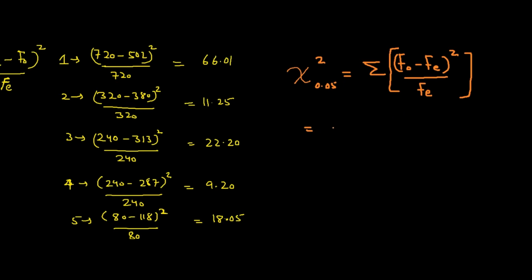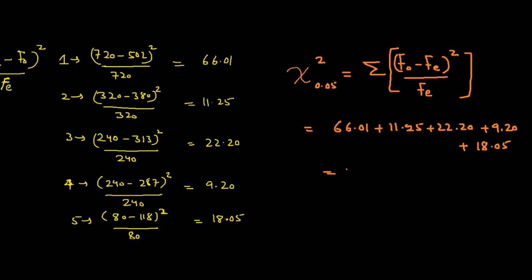So when we add all of this, summation means add all of this, means 66.01 plus this 11.25 plus 22.20 plus 9.20. This all things are being added, and plus 18.05.